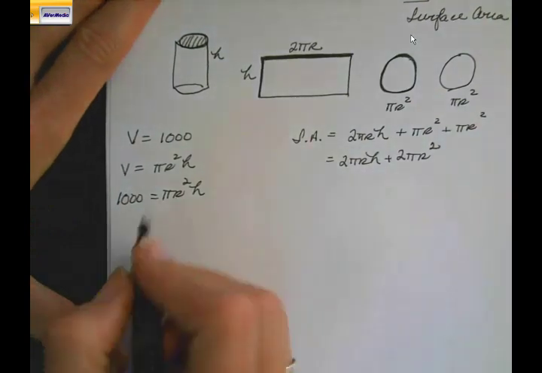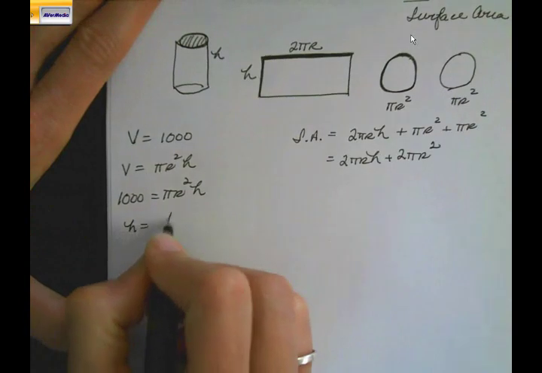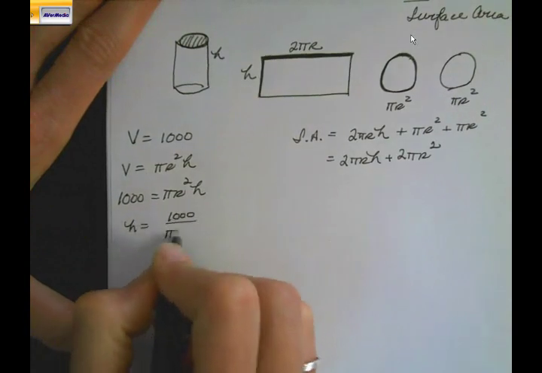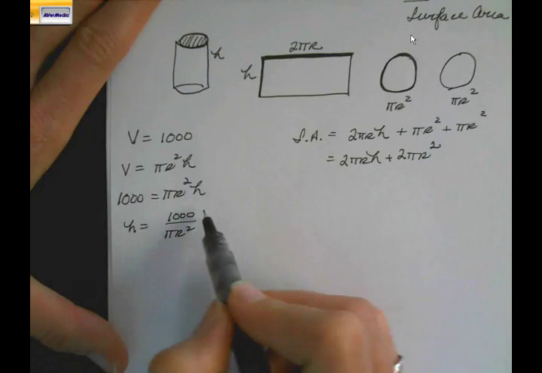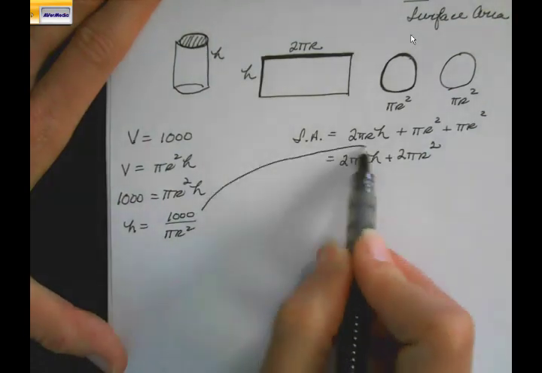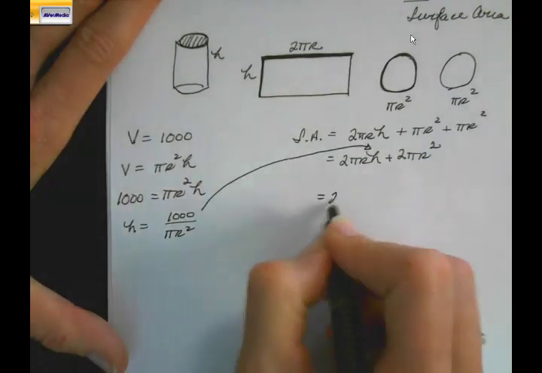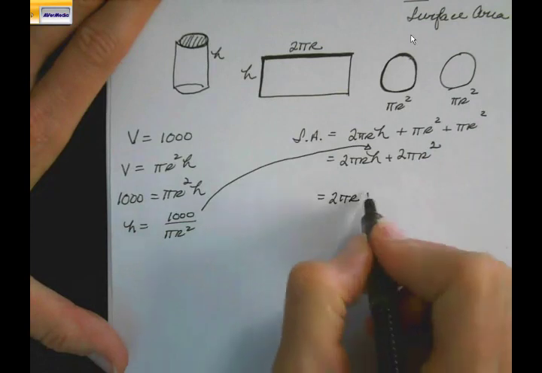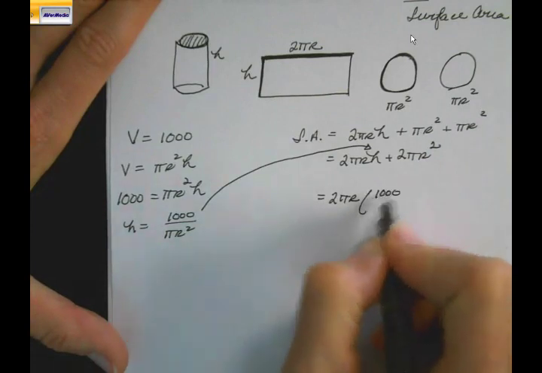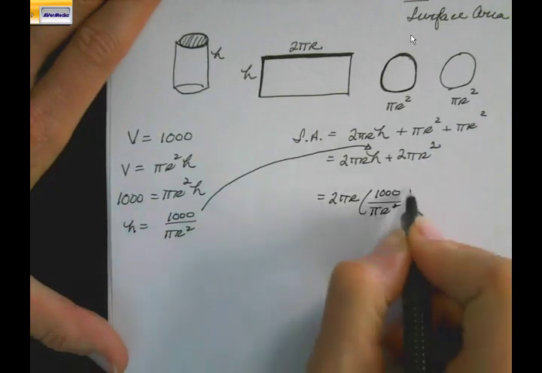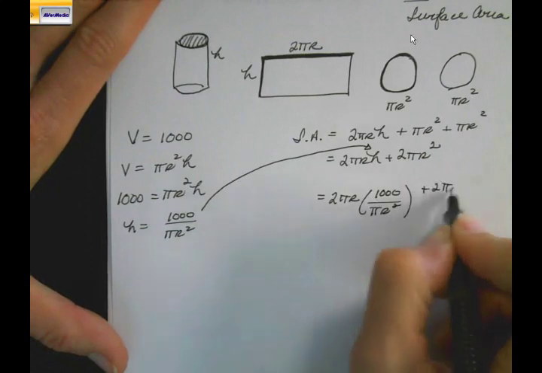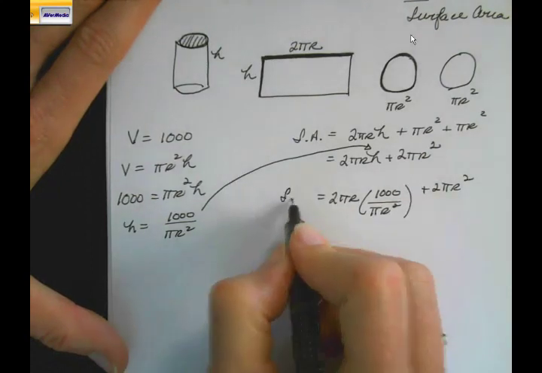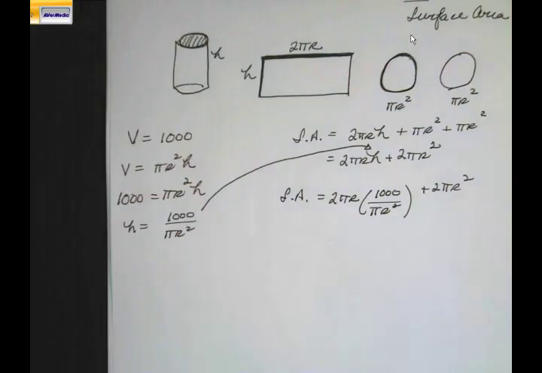So h is 1,000 divided by pi r squared, and we plug it into the surface area equation so you get everything in the variable r. And there is your surface area equation in one variable, the variable r.